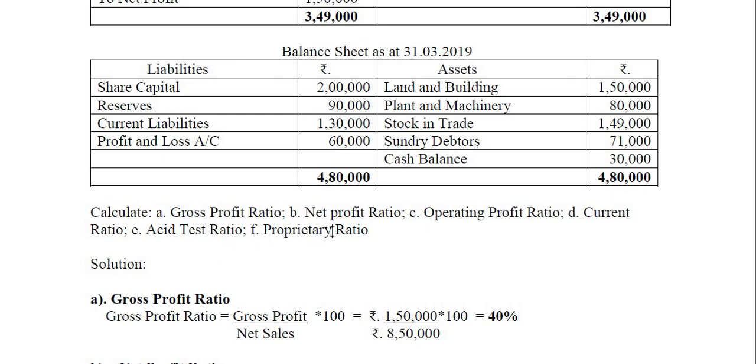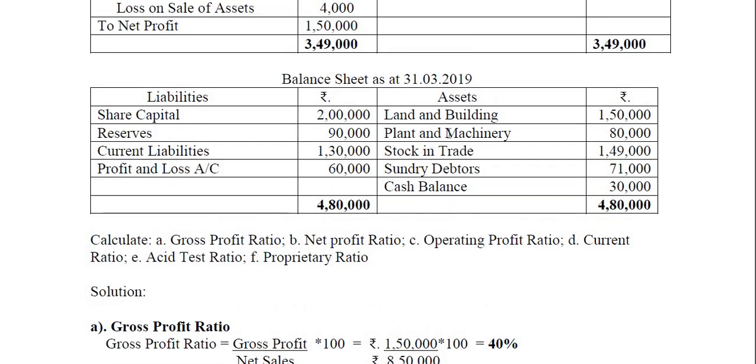Proprietary ratio is proprietors' funds to total tangible assets. Here the tangible assets are the entire balance sheet total, what you find on the asset side, that is 4,80,000.